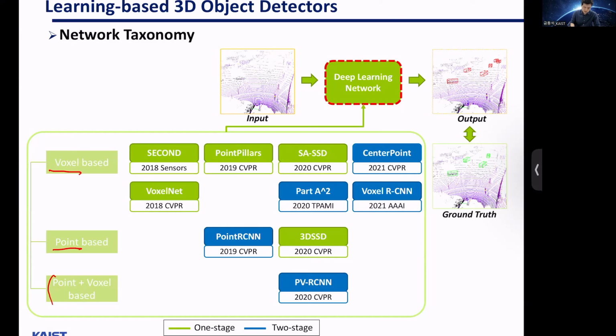We can also classify detector networks into two types, one being one-stage and the other being two-stage detectors. As you can see, there are more voxel-based networks out there. And we'll talk about both approaches, voxel and points.